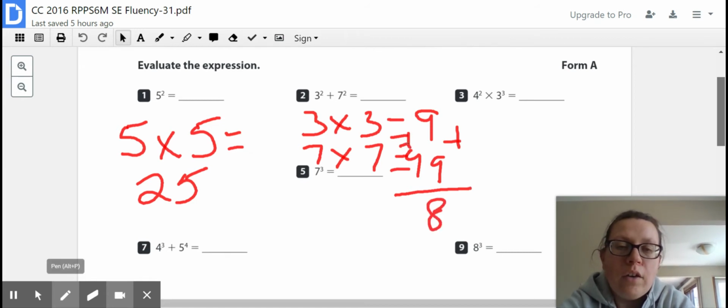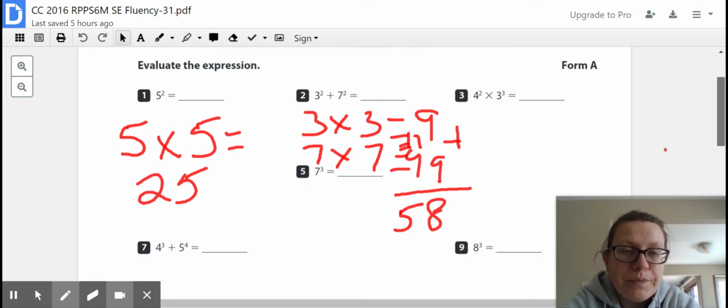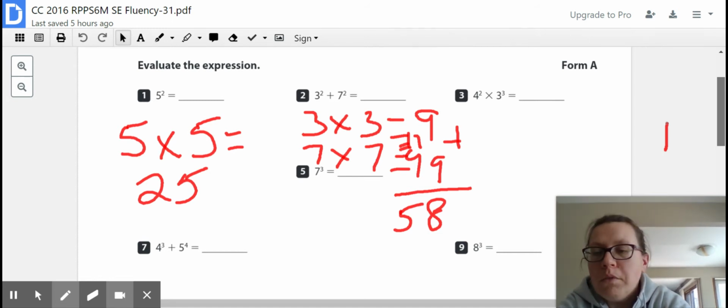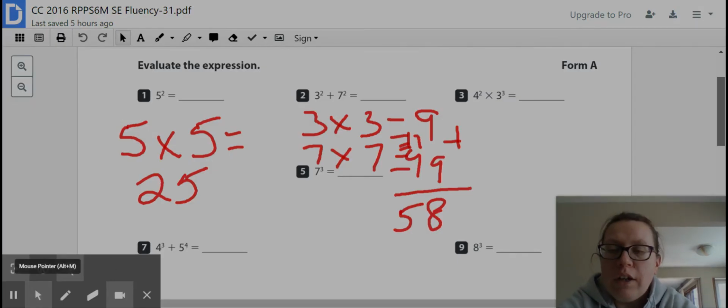We carry our 1. 4 plus 0 is 4. Plus 1 is going to give me 5. And so the answer is going to be 58. And so the answer will be 58, friends.